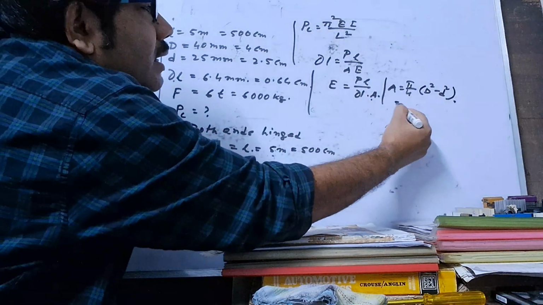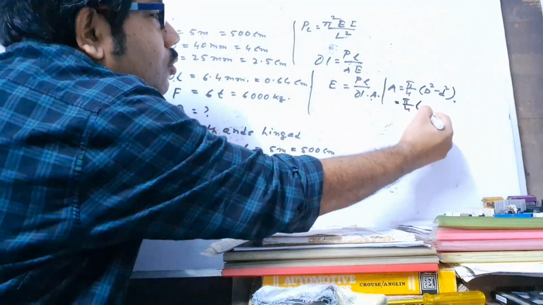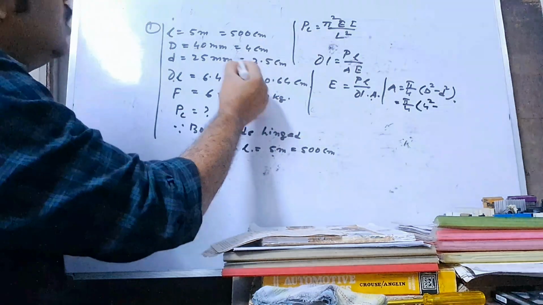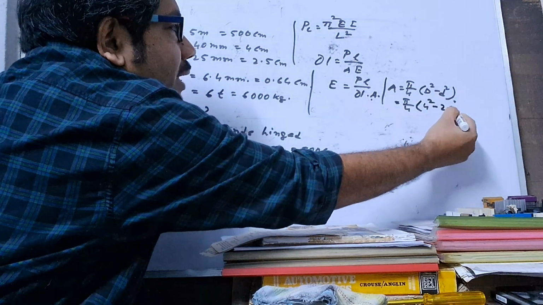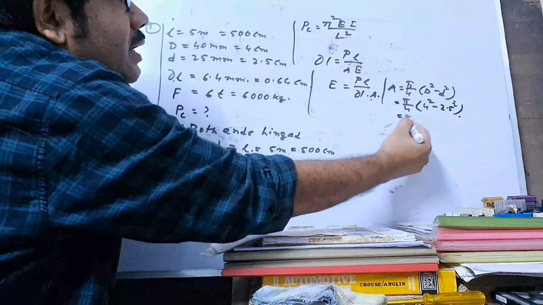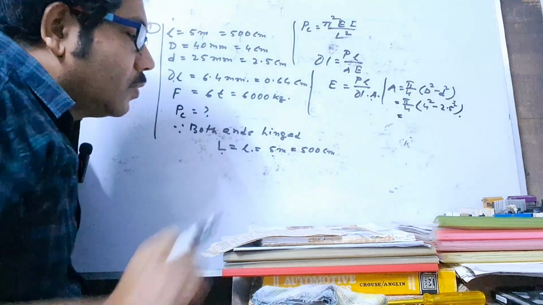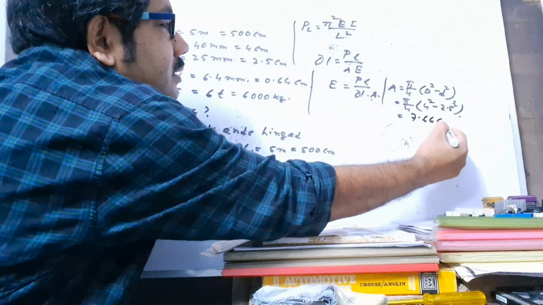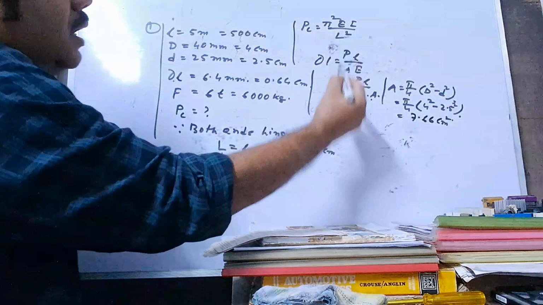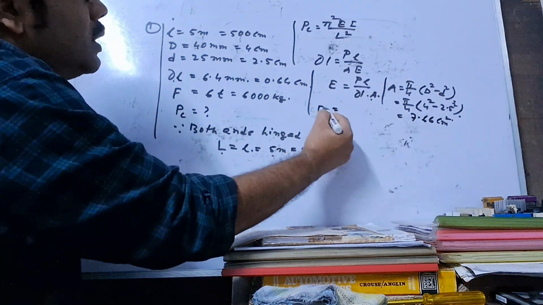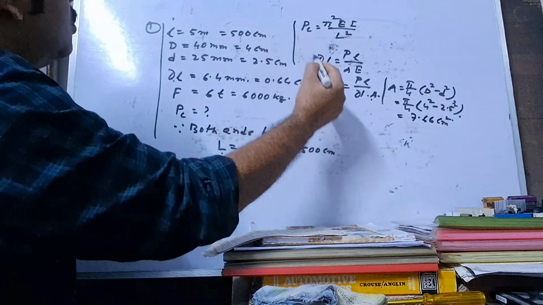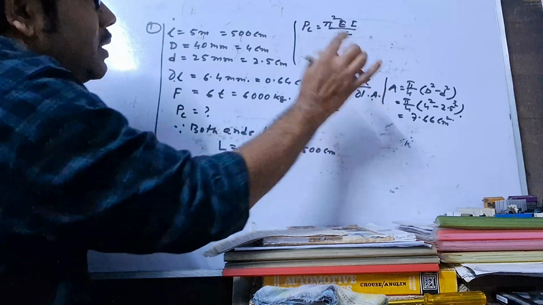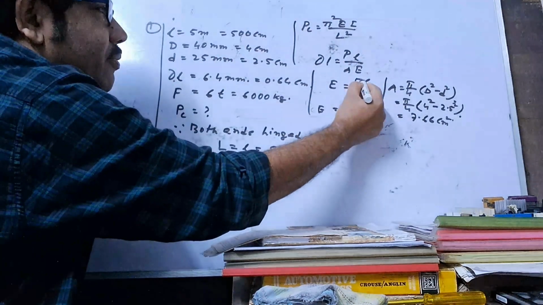This is pi by 4, capital D is 4 square, small d is 2.5 square, and here the value is 7.66 centimeter square. And if you put here the value P, remind it, here P means force F.